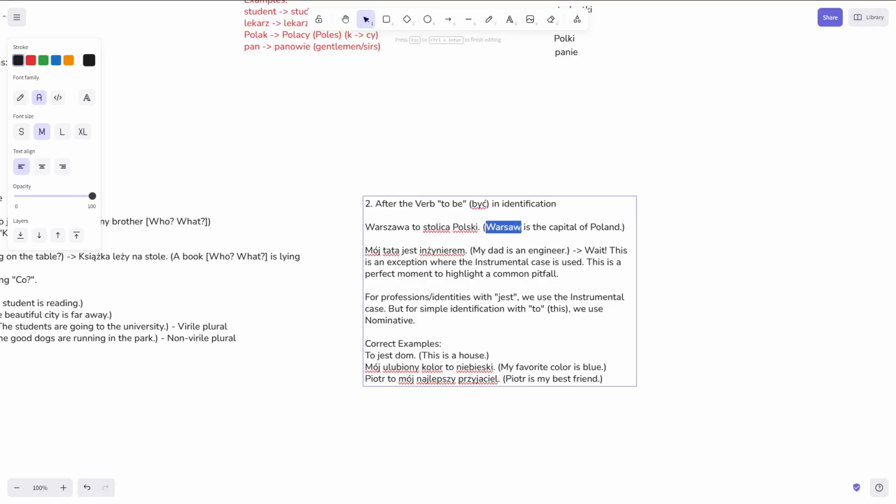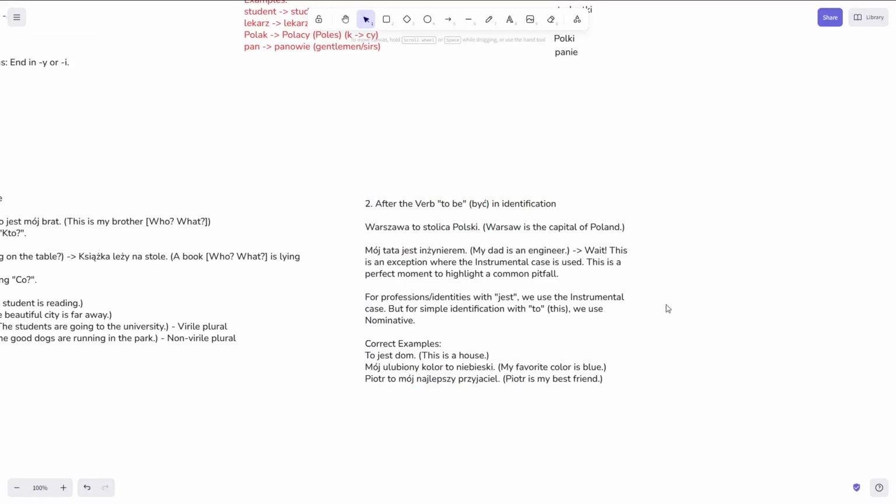So, what is the capital of Poland, or who is the capital of Poland? Of course, who doesn't make particular sense, but you can see that this noun, the dictionary form, does answer this blank pretty well, okay? So something is the capital of Poland.